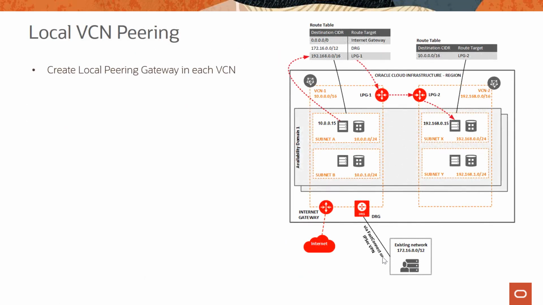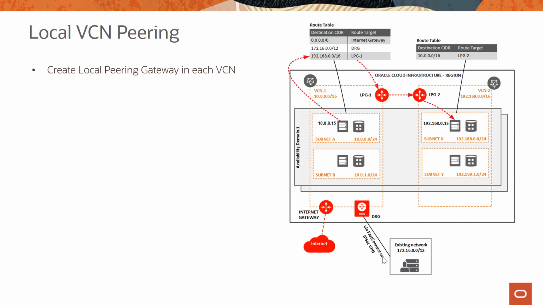So here is a diagram with two VCNs, VCN1 and VCN2, and they have been peered. Traffic from an instance in VCN1, this instance in subnet A, as you can see the instance with IP address 10.0.0.15, is destined for an instance in subnet X, this instance with 192.168.0.15.